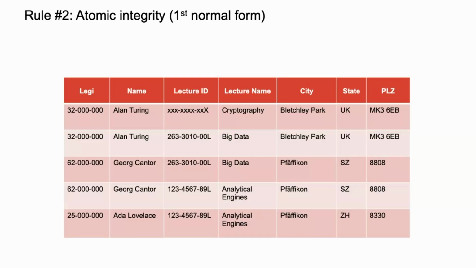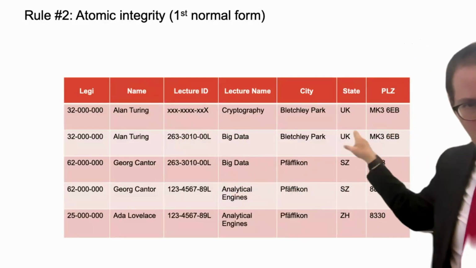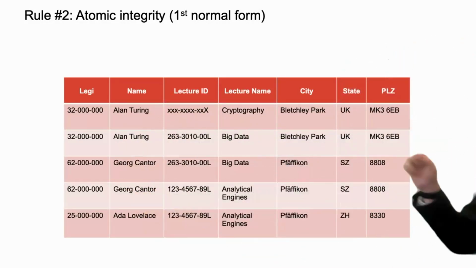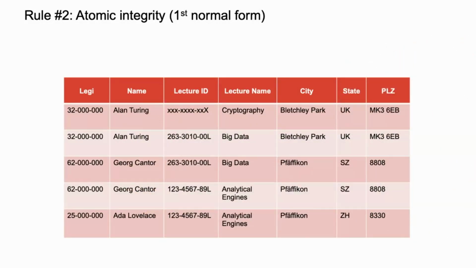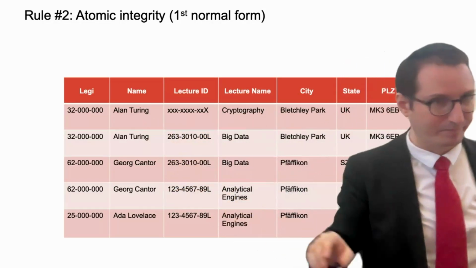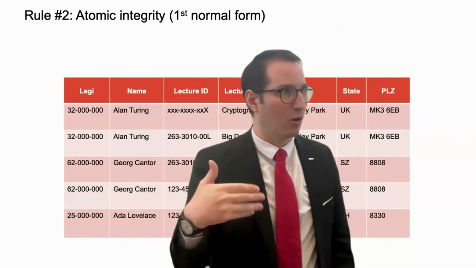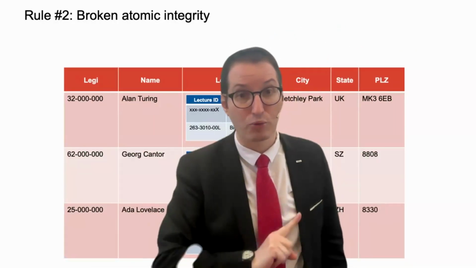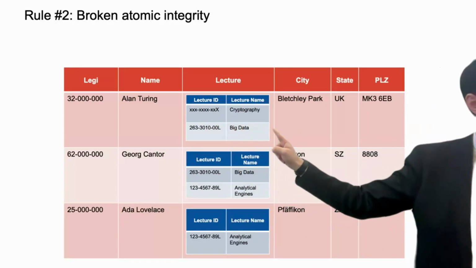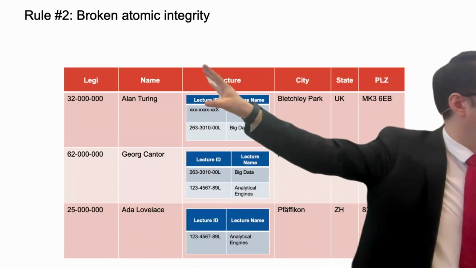Well, if I want to be a table, what I want is that all of my values that are in there, this one, this one, this one, this one, this one, all of them, I want them all to be atomic. What I mean is that strings are fine. These are actually all strings in there. A number is fine. A date is fine. So all of these things are fine. What I do not want is this, because this here is not atomic. This is a table in a table.